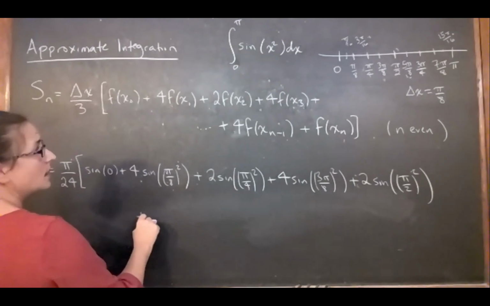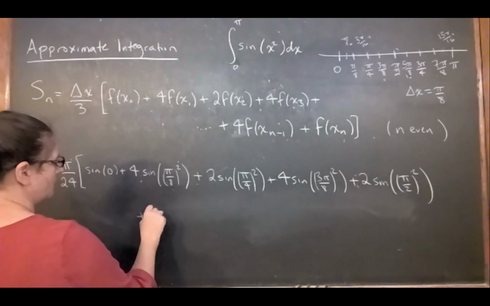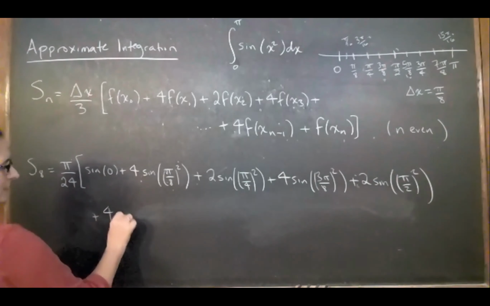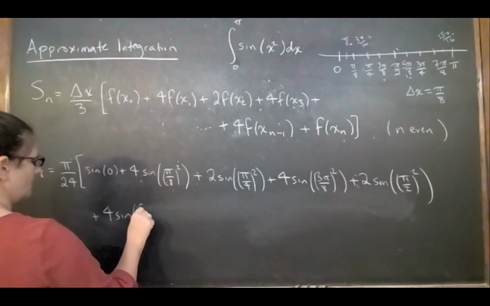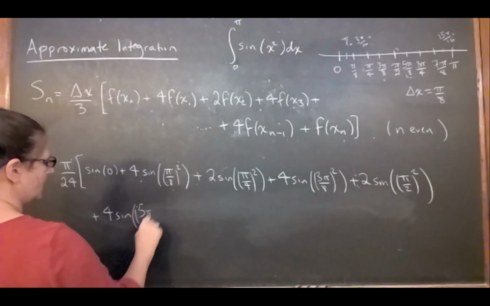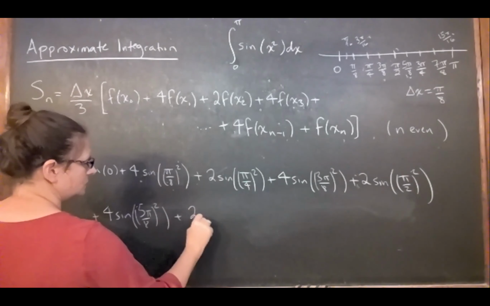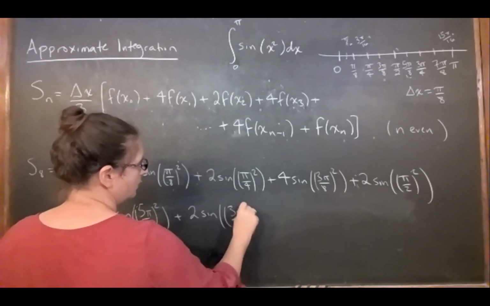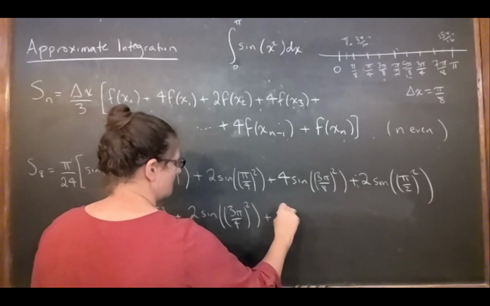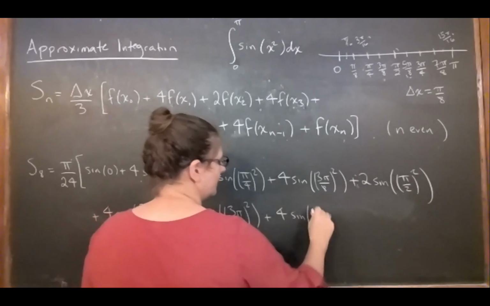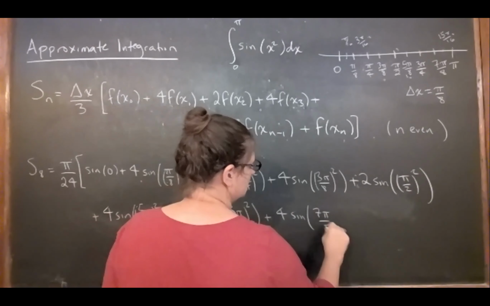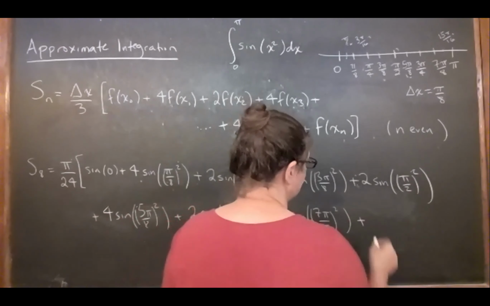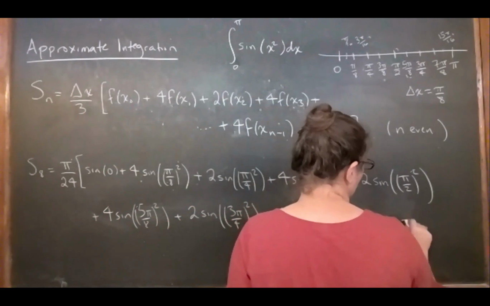And then I end up with 4 sine of 5 pi over 8 squared, 2 sine of 3 pi over 4 squared, 4 sine, and so on. And then my last one is by itself, it doesn't have a 2 or a 4.